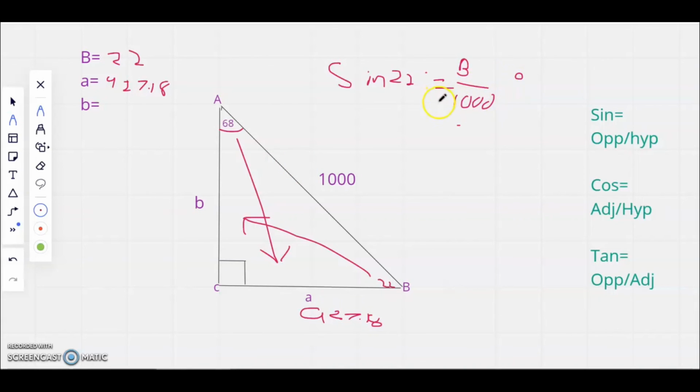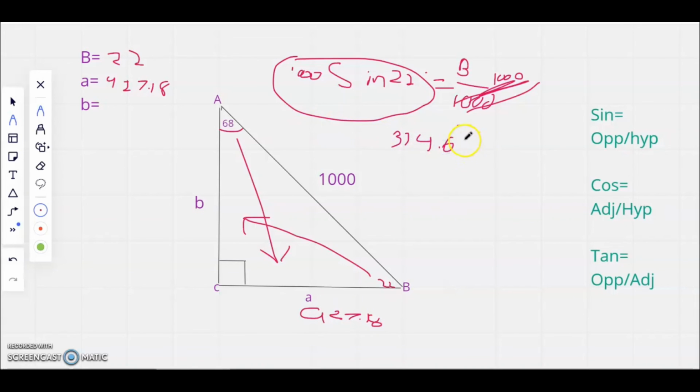So then do the same thing, multiply each side by 1,000, and then 1,000 here cancels out, and then it equals B. So then you plug this into your calculator exactly how it is, and you get another decimal. That's 374.61.